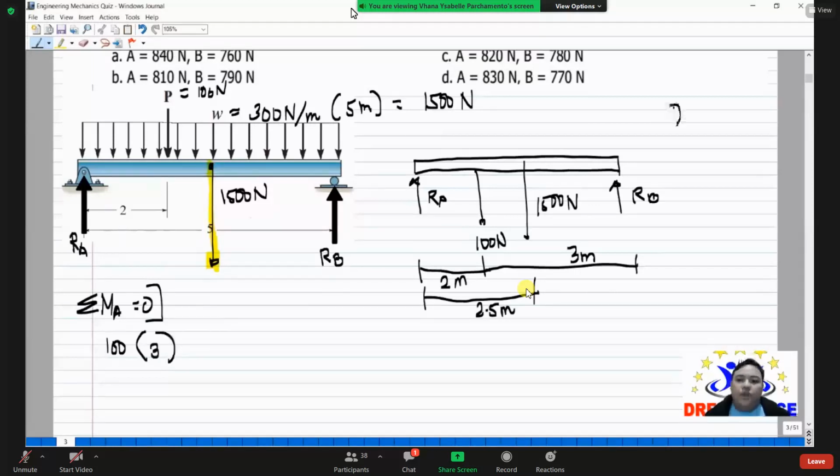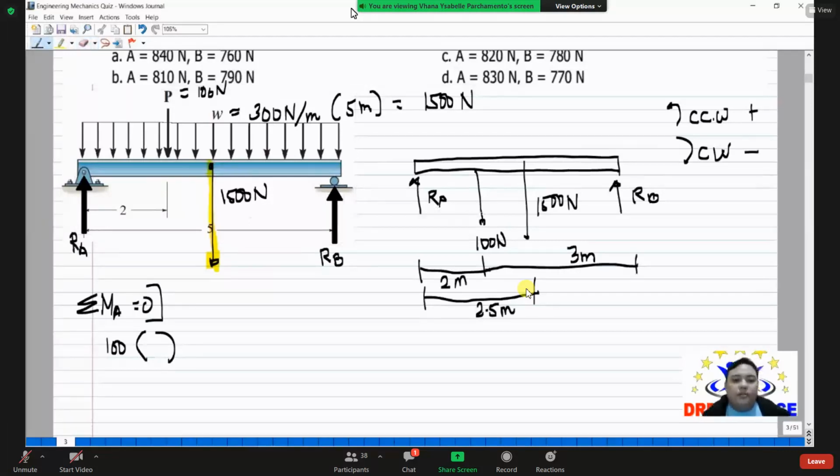So positive or negative? Kapag counterclockwise, positive. Kapag clockwise moment, that is negative. So clockwise yan, negative. Papunta sa A, I should say. Wait lang.